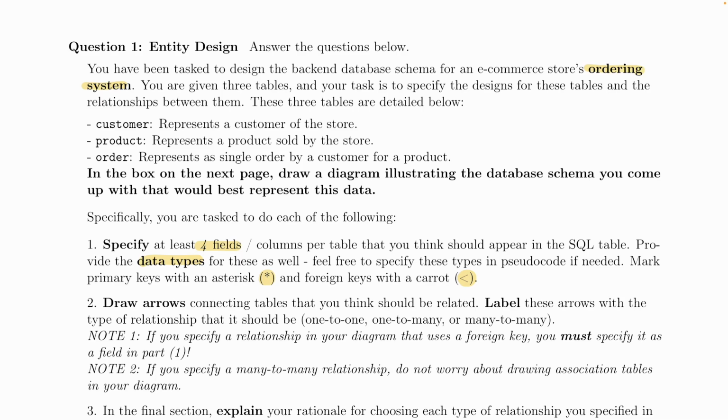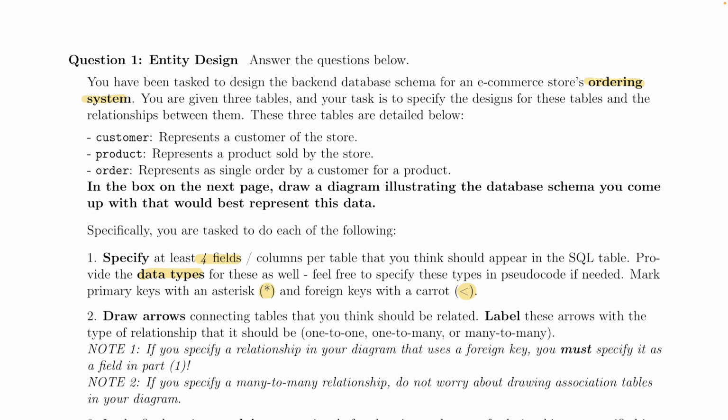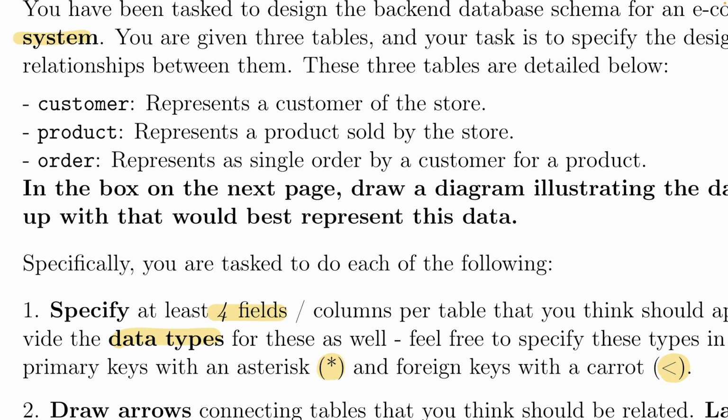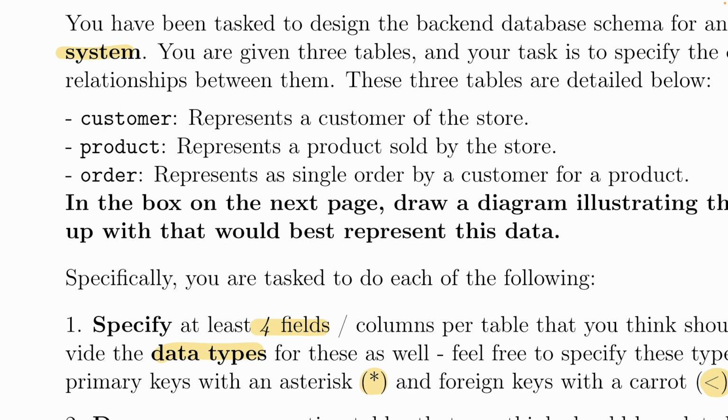So we have customer, product, and order. And the wording here might lead you in different directions when it comes to what type of relationship we want to have, right? So we have a customer, which is just a user of the website, product, which is just an item sold.